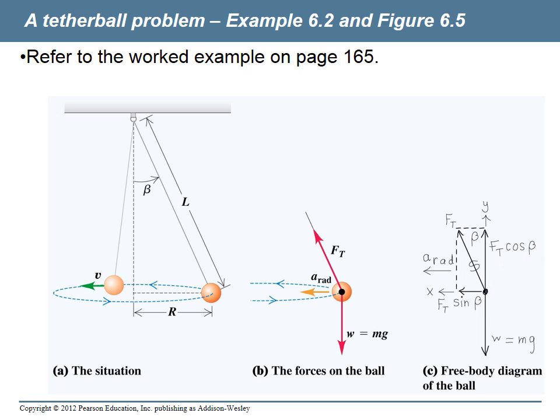We have Ft cosine beta equals mg, and Ft sine beta equals ma radial, which is equal to mv squared over r. And actually we can find r in terms of L if we wanted to. We can say that r is going to be equal to L times the sine of beta.